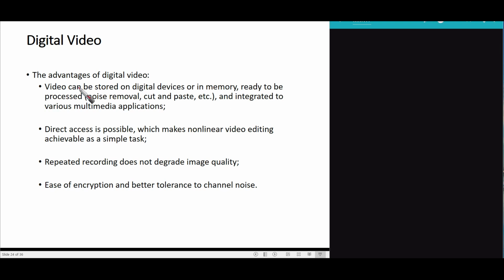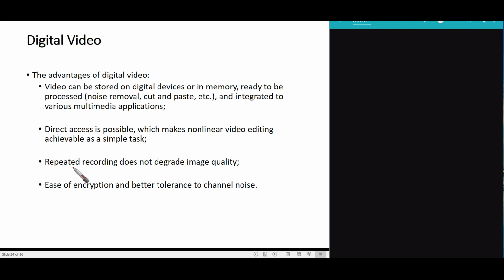So digital video is very portable in that sense. And also we can have direct access. For example, if you do video editing, you can do it anywhere you want.